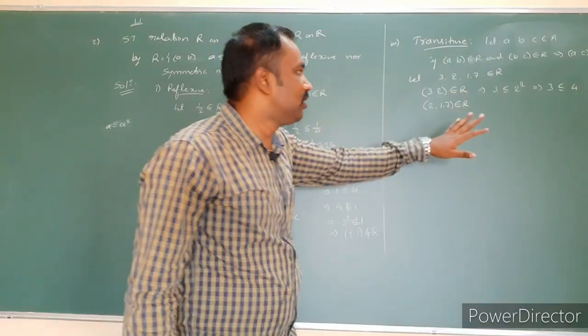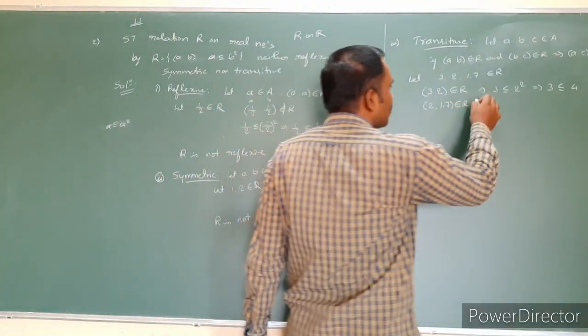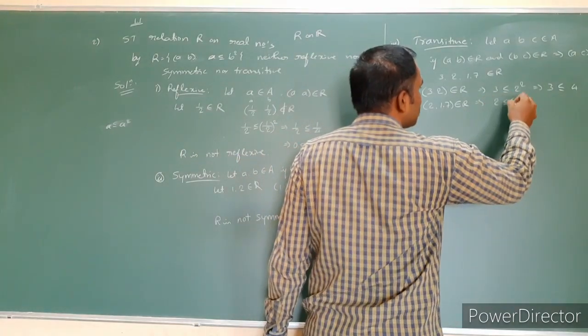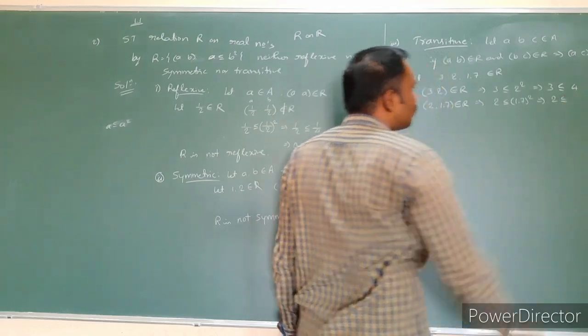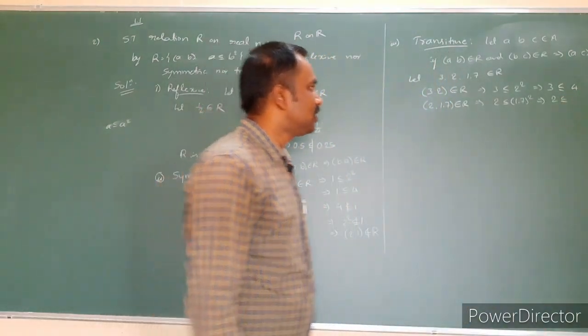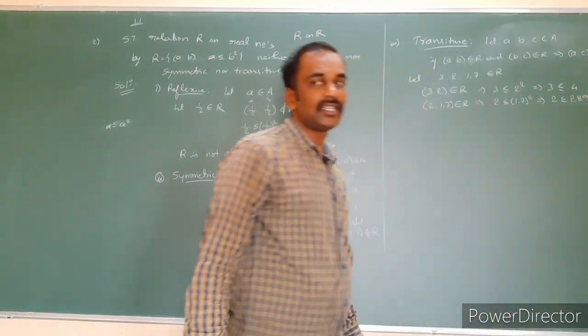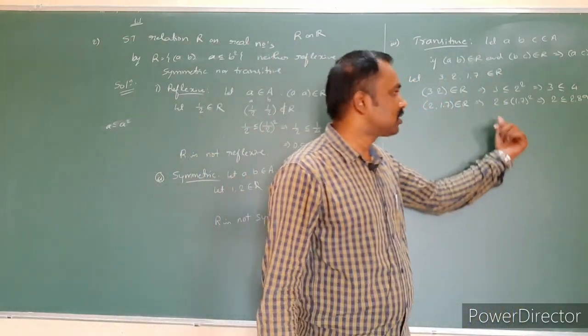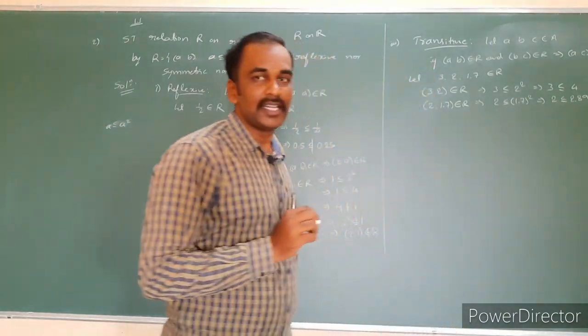The inequality is true, so obviously this ordered pair is present in R. Next, 2 is less than or equal to 1.7 squared, which is 2.89, so 2 is less than or equal to 2.89.